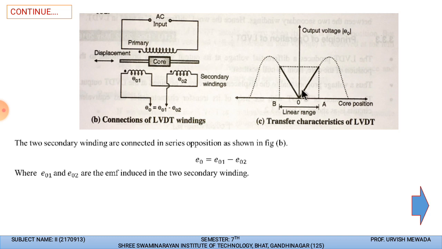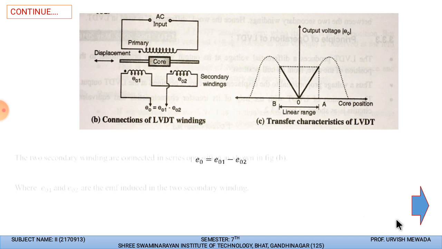So we get the output in both directions as this core moves. And the two secondary windings are connected in series opposition, so it is called differential. So the output voltage E output is equal to E01 minus E02, where E01 and E02 are the EMFs induced in the two secondary windings.